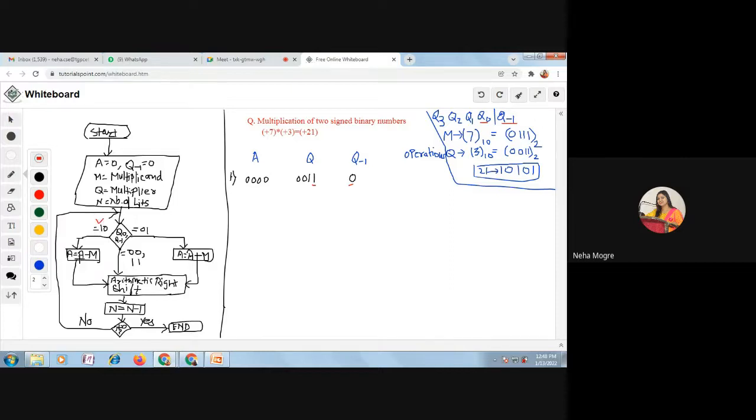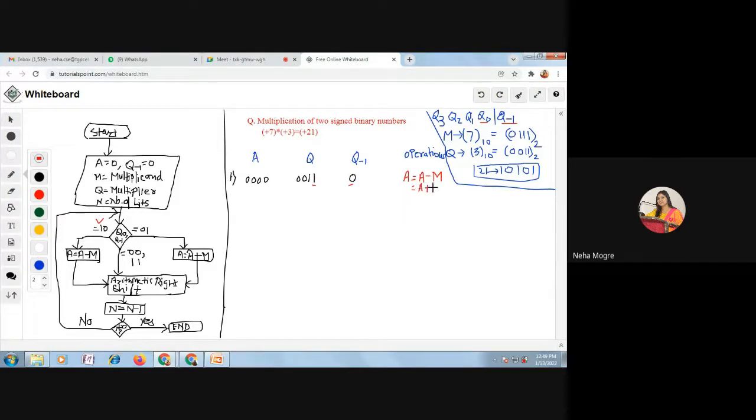What do we need to perform? A equals A minus M.